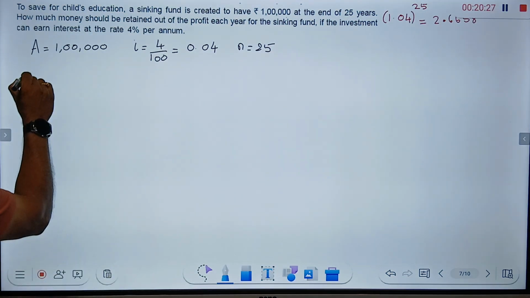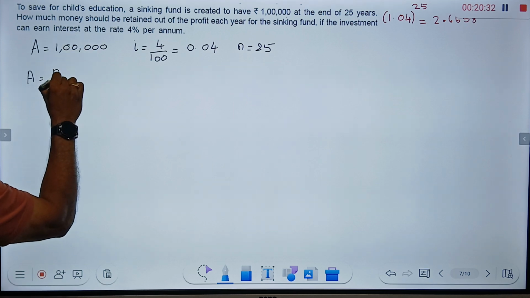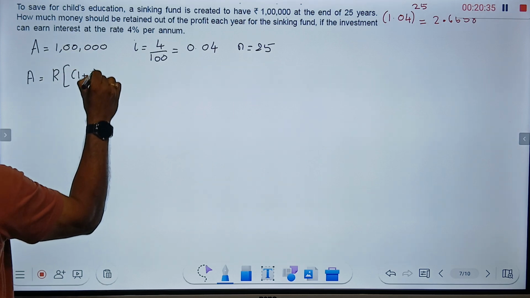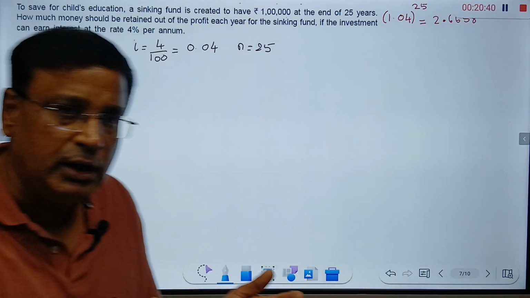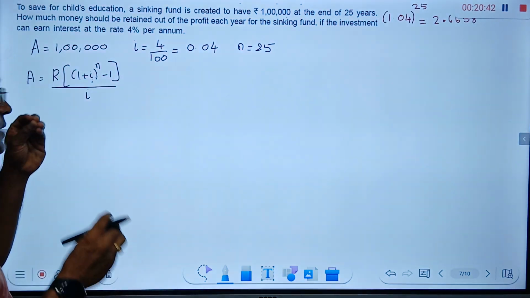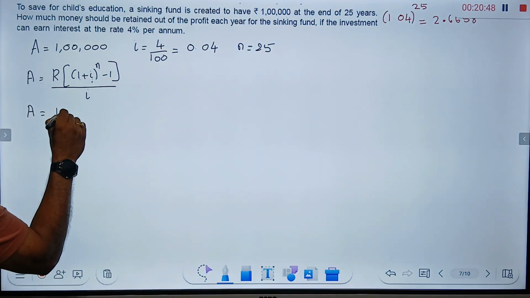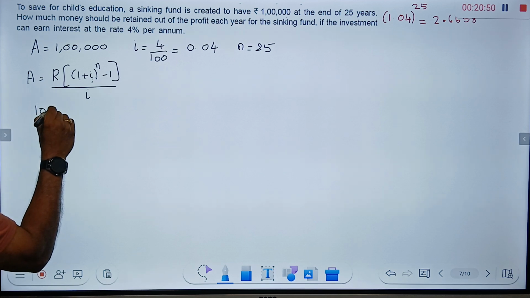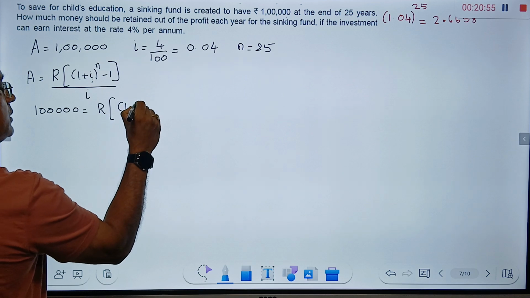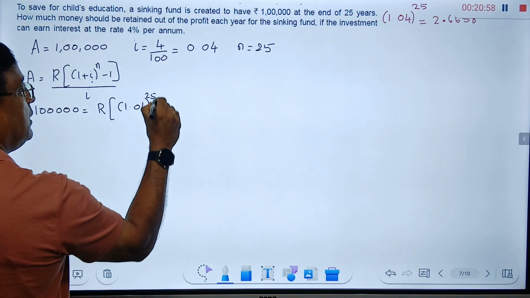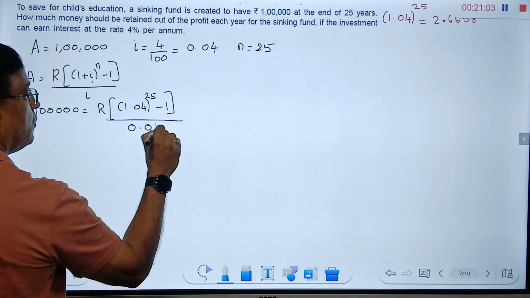So what is the formula? Amount equal to R into 1 plus I power n minus 1 by I. Always make sure you write the formula in the exam. When you're writing the exam, you will get some marks even if you make mistakes. So amount equal to 1 lakh equal to R into 1.04 power 25 minus 1 divided by, what is I? 0.04.